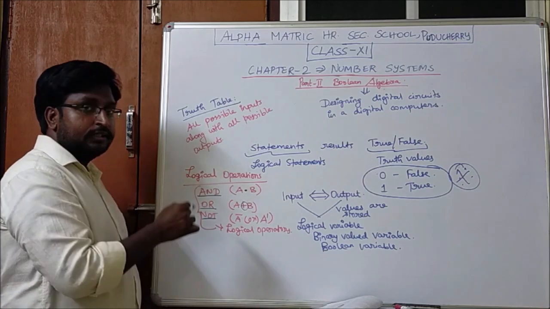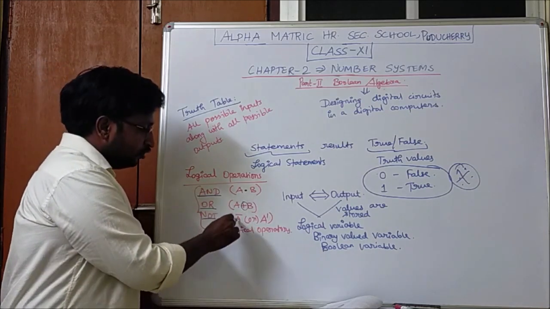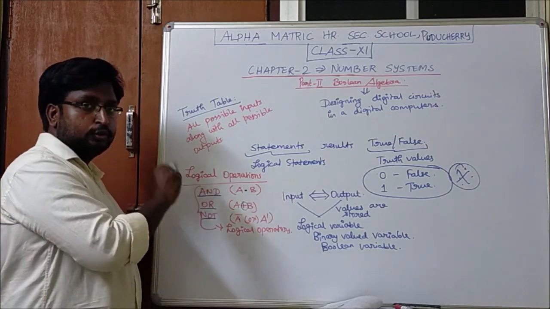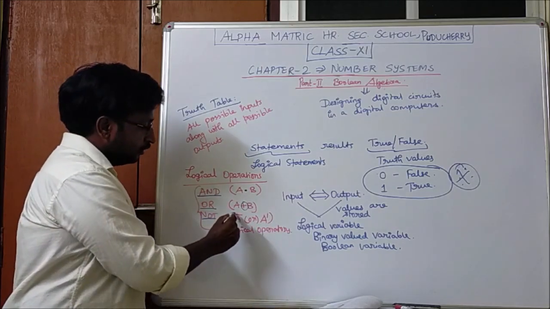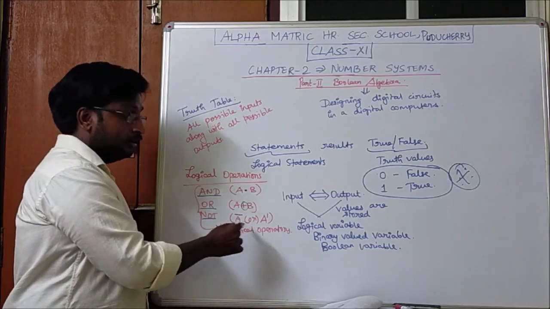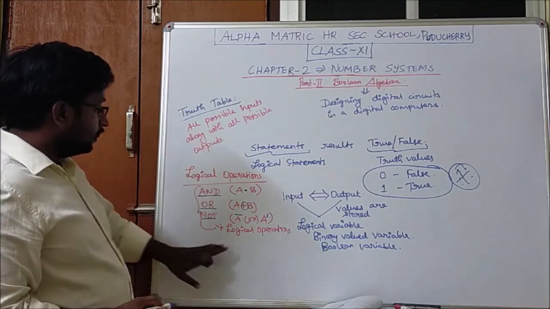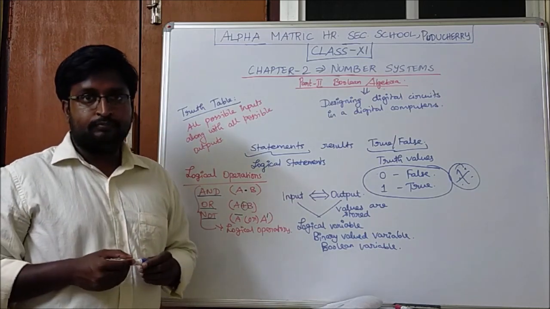And NOT. NOT is an inverter operator, the opposite of the given input. If you give 0 as the value for a, the result will be 1. That is, if you give true, the answer will be false. Like that, it is an inverter operator. So we use an overbar on the variable or a single apostrophe. These three we call the basic logical operators.